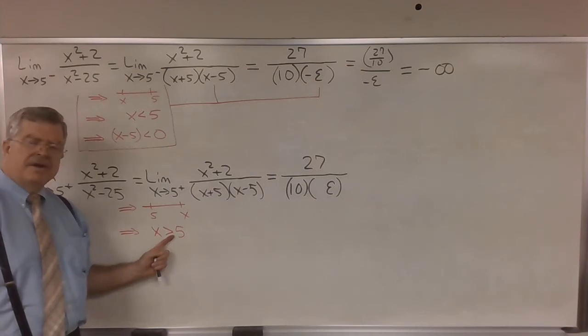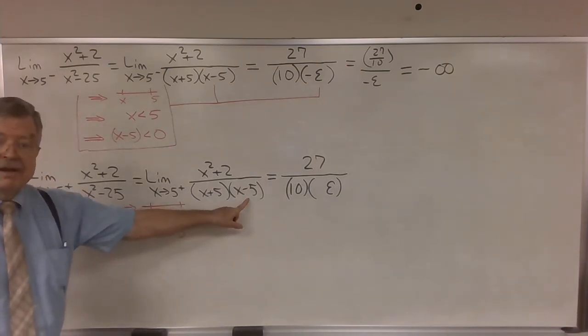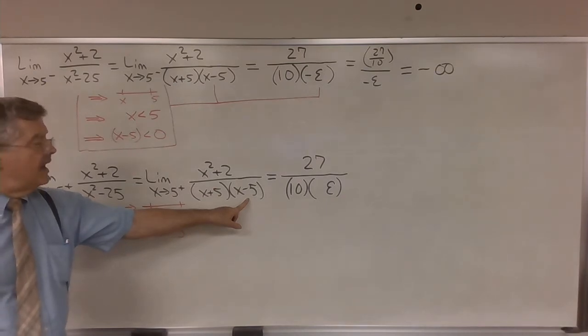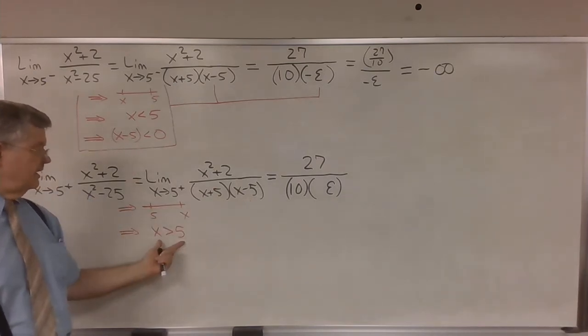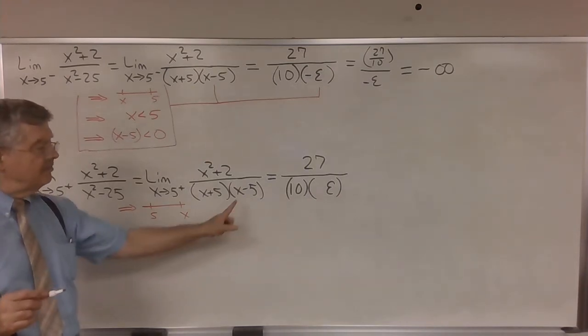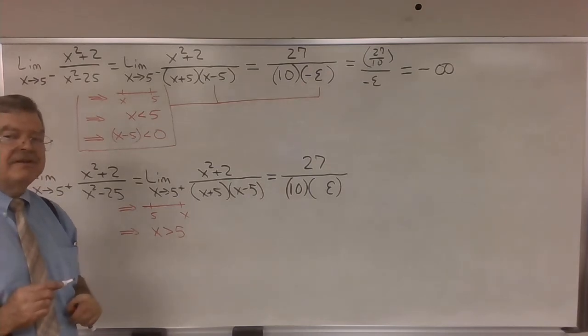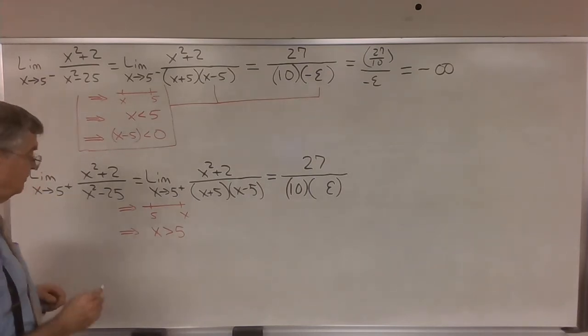But I don't really want to know about x. I want to know about x minus 5. So how do I turn this inequality into an inequality that tells me about x minus 5? Don't I subtract 5 from both sides?